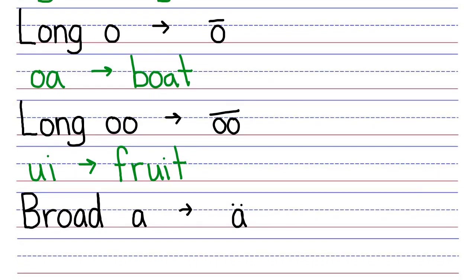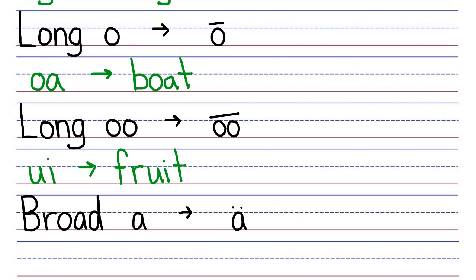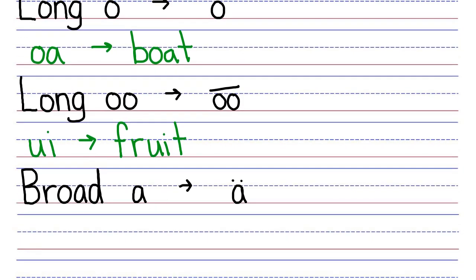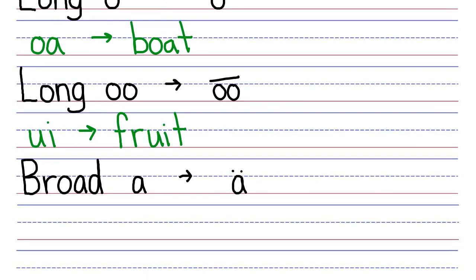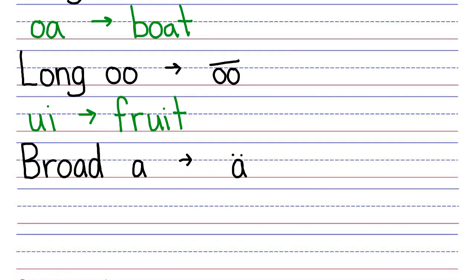Broad A. We have learned 2 multi-letter vowel phonograms for broad A. The first one is spelled AU.